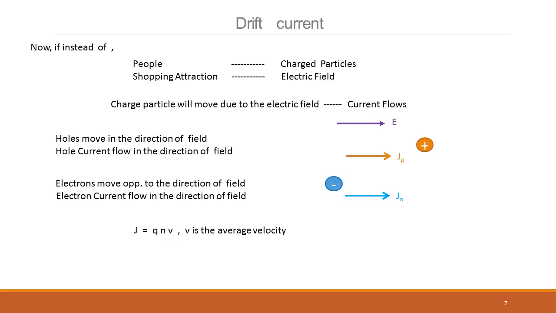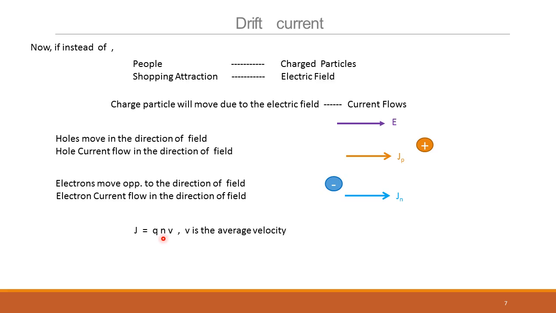I'll repeat that again. Let's assume there is a cross-section somewhere and there is a direction. Let's say the cross-section is here and the particles are moving in this direction. All particles within V meters of it, where V is the average velocity, will have moved through this cross-section in 1 second.